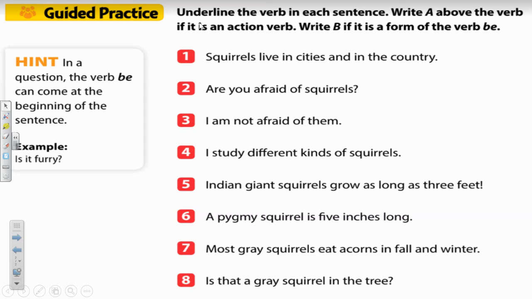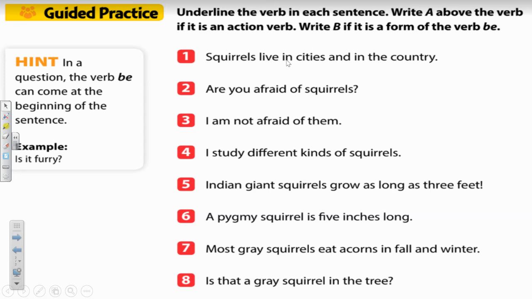The directions at the top say underline the verb in the sentence. Write A above the verb if it's an action verb. Write B if it is a form of the verb be. And remember, those words would be am, is, are.